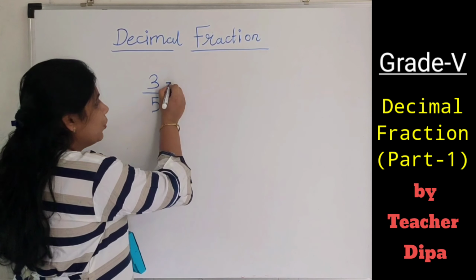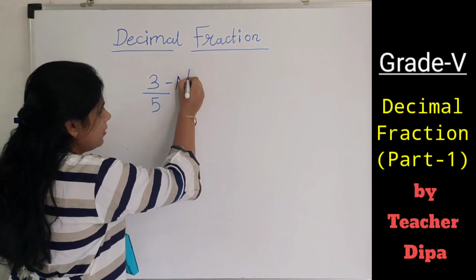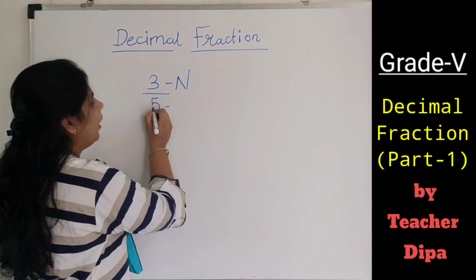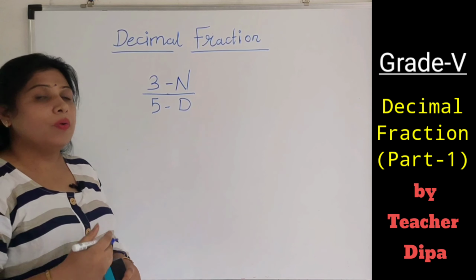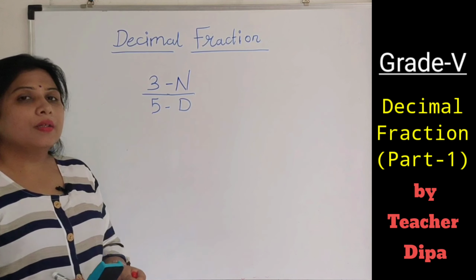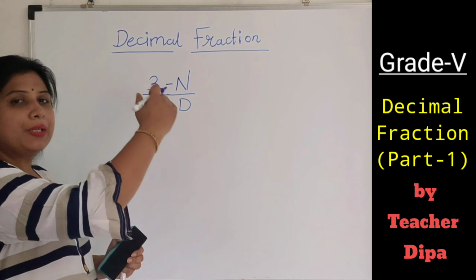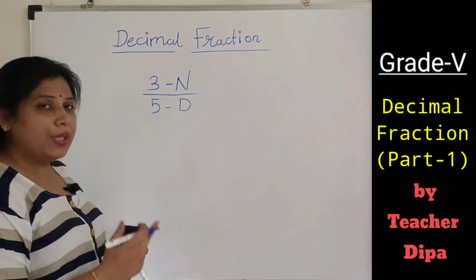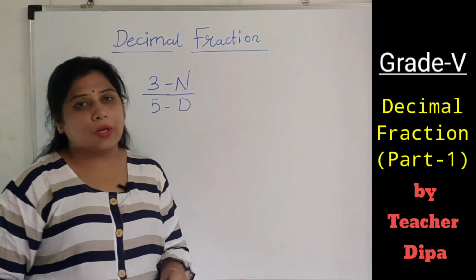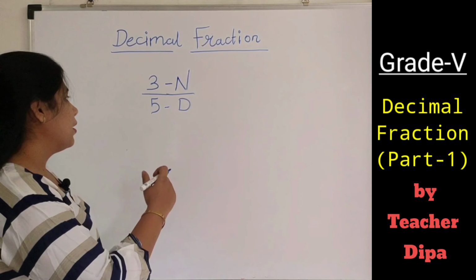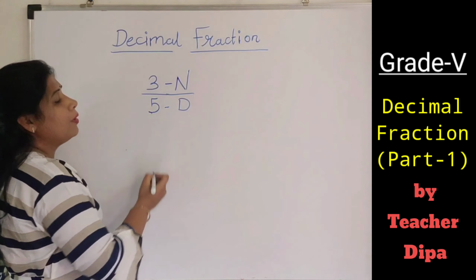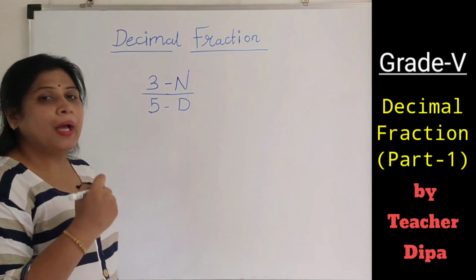Here, we know 3 is the numerator and 5 is the denominator. Now, we have to convert 3 upon 5 into its decimal fraction. The very first rule while converting a number into its decimal fraction is that the denominator should be a multiple of 10.